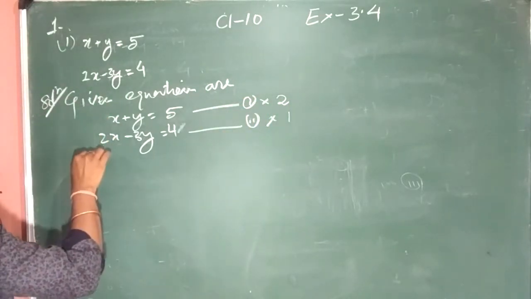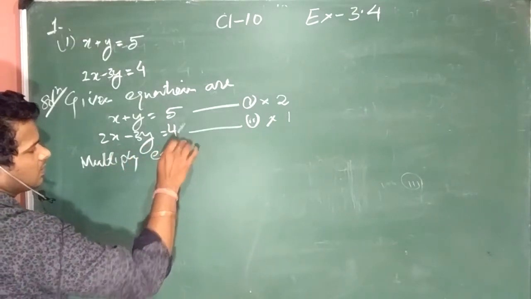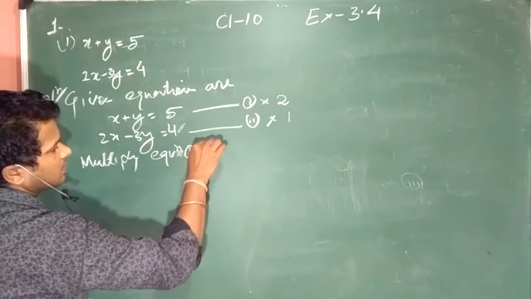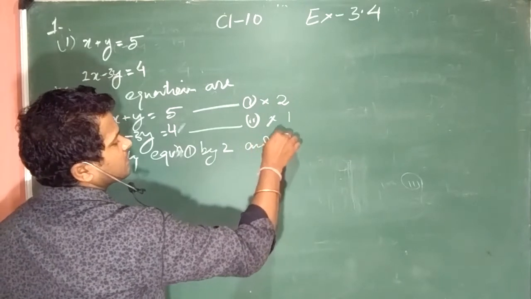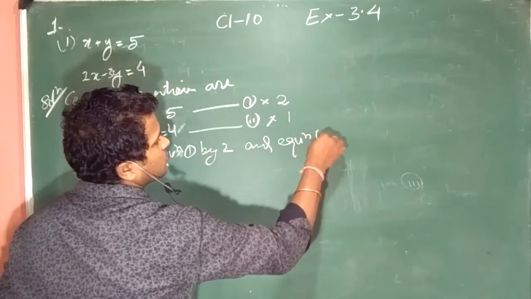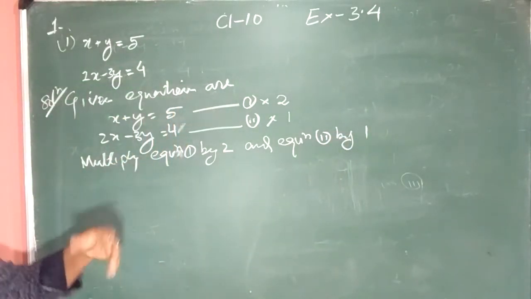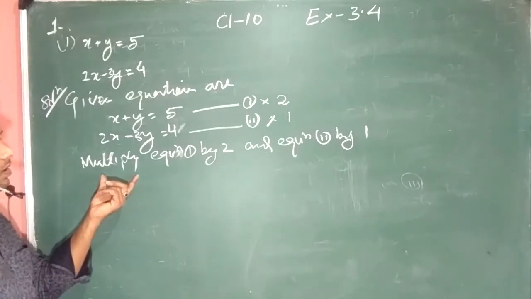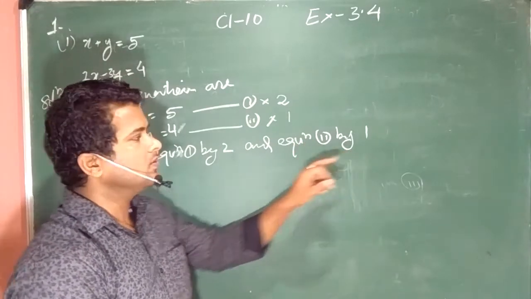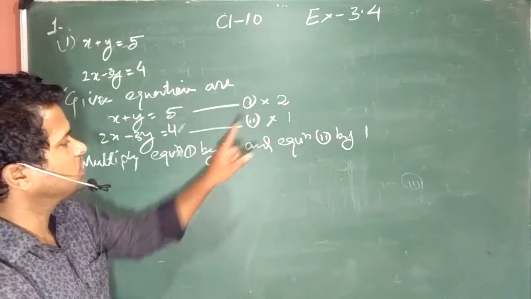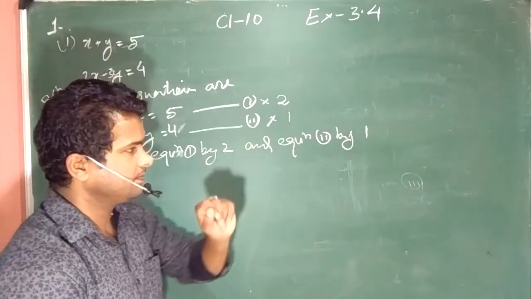So we need to write: multiply equation 1 by 2 and equation 2 by 1, because equation 1 we are multiplying by 2, so equation 1 by 2. Equation 2 we are multiplying by 1, so equation 2 by 1.